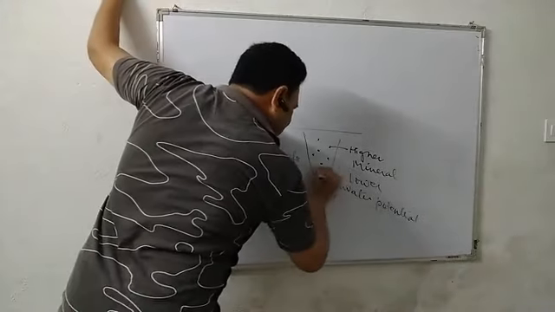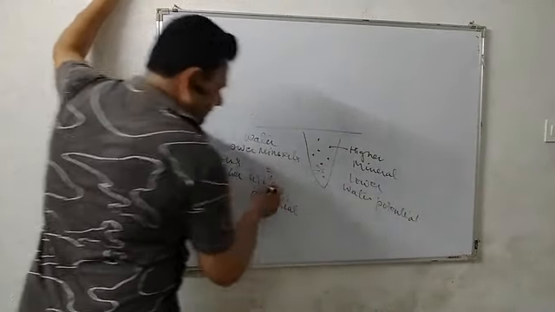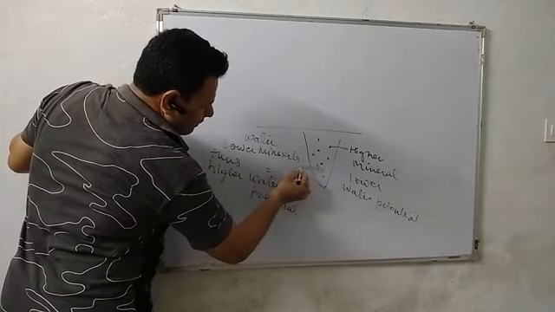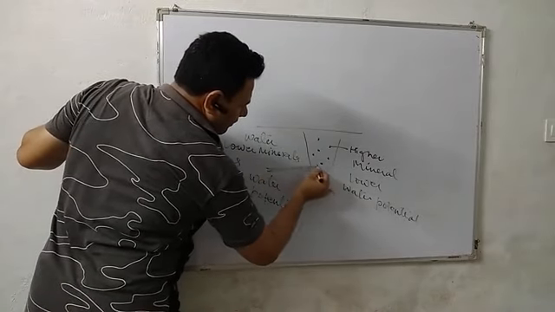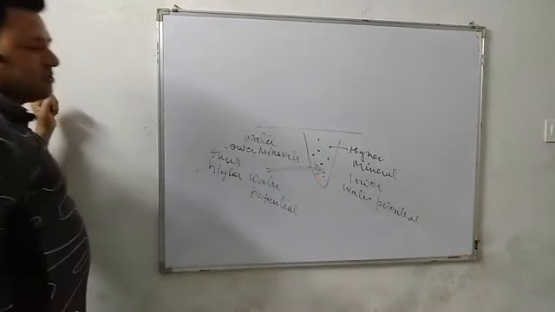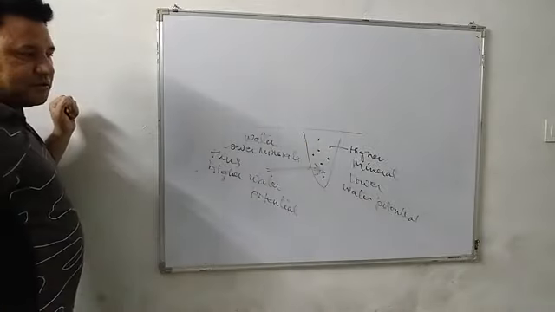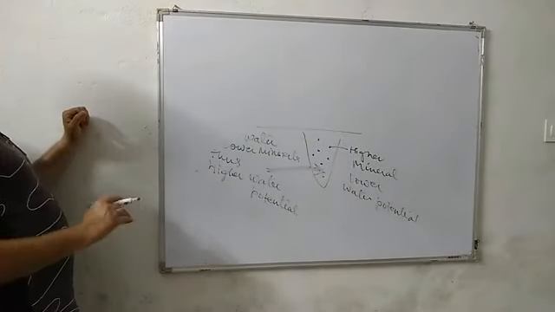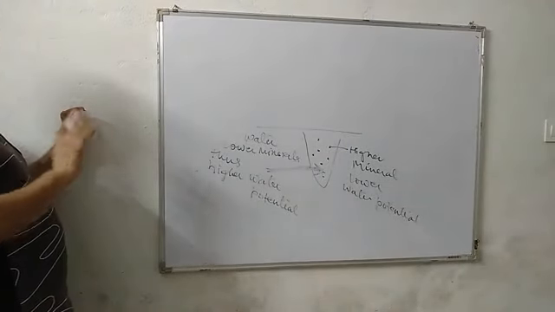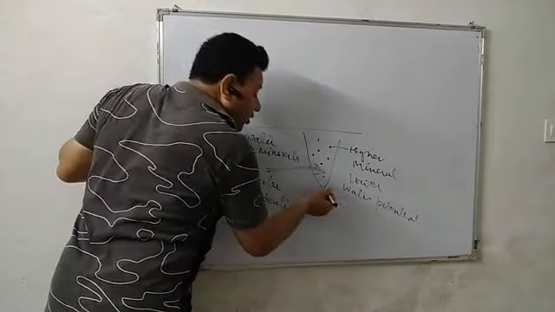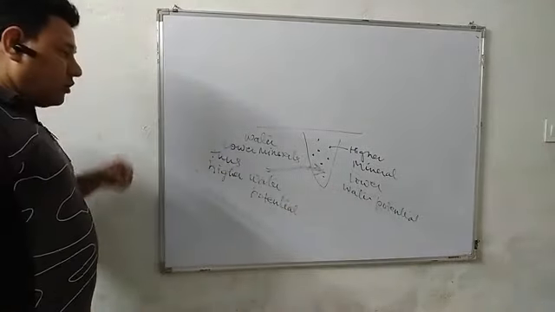So from the higher region, water is moving into the root. Okay? Water is moving into the root. This is root pressure.